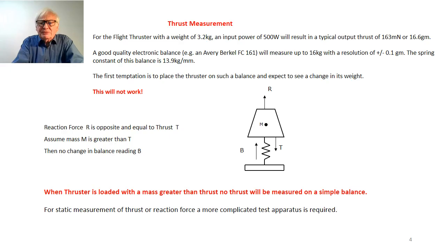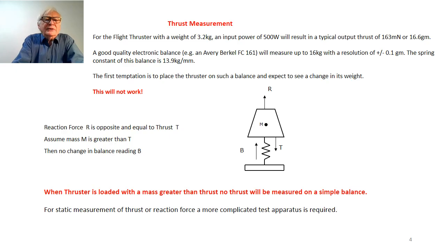So what sort of balance would we use? Well, we actually used an Avery Berkel FC161. It's a good quality electronic balance. It will measure up to 16 kilograms and give you a resolution of plus or minus 0.1 grams. Now, the important specification of any balance is what's called the spring constant.